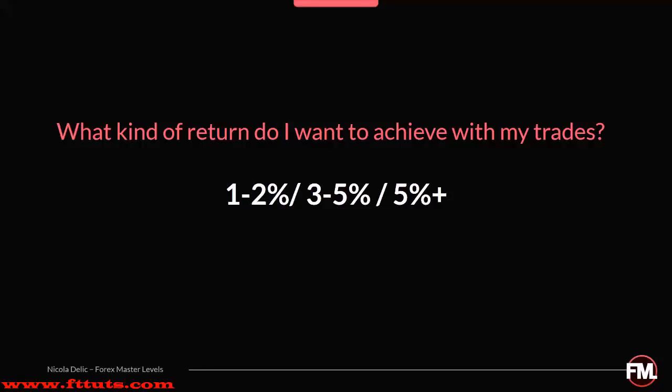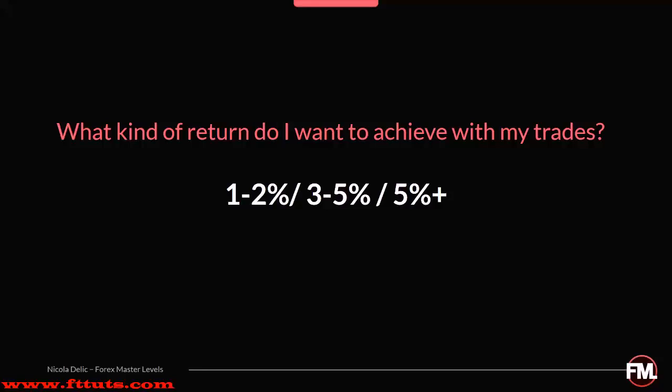If you want to get 3 to 5%, you should either double your risk or go with something like a 1 to 3, 1 to 4, 1 to 5 risk reward approach. And that can require a little bit of change in the currencies that you are going to trade, and of course the system that you are going to use.